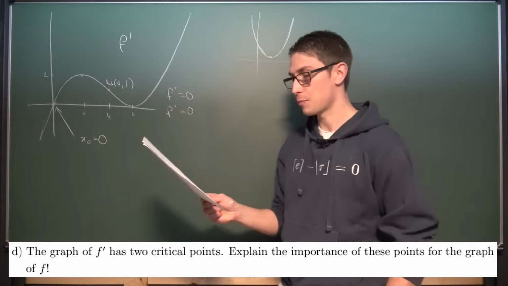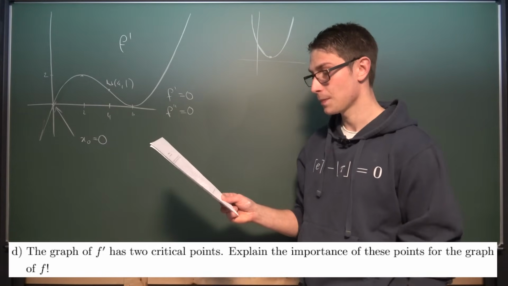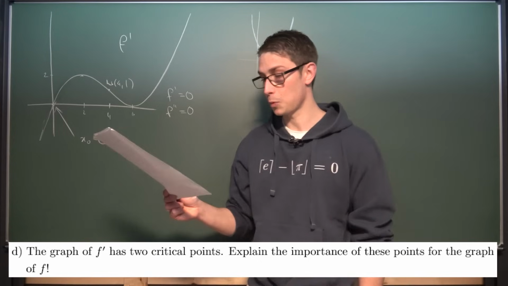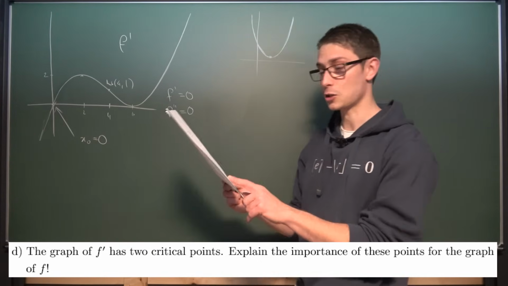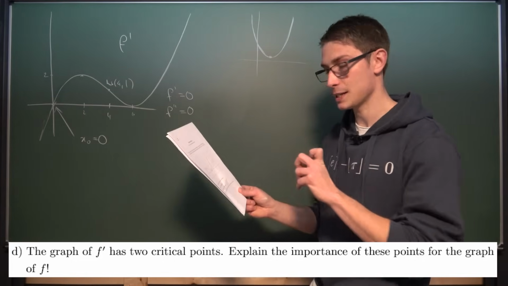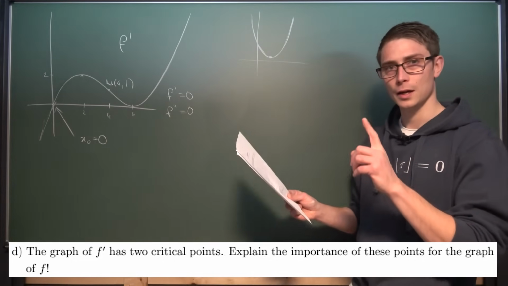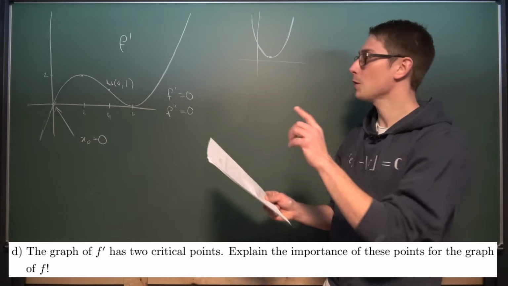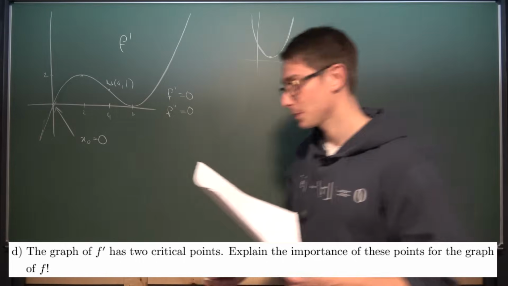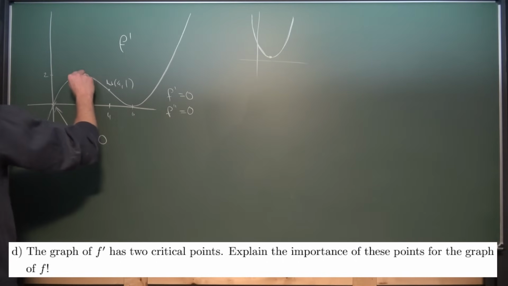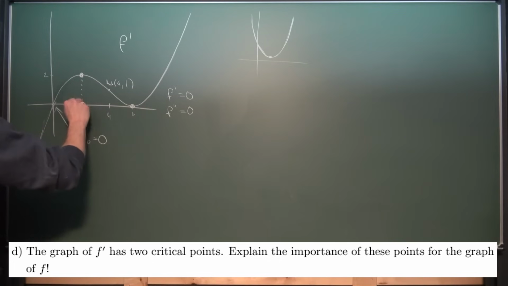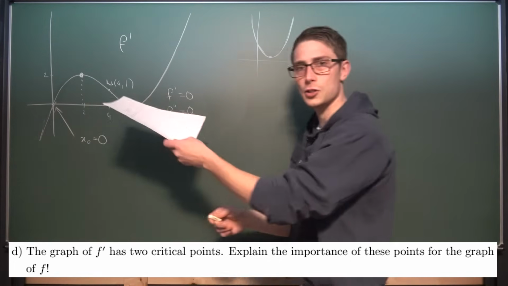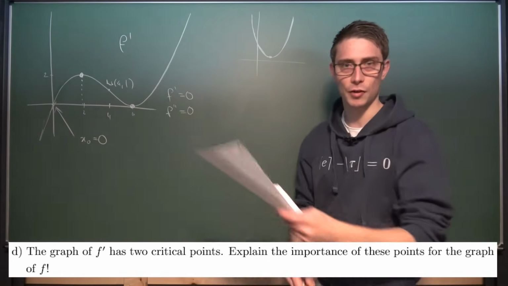The graph of f' has two critical points. Explain the importance of these points for the graph of f. Listen to the exercise. The graph of f' has two critical points. Now, what are the critical points of our function f'? They are those ones here. They are the parts, or the x values, of our extrema of the derivative function.